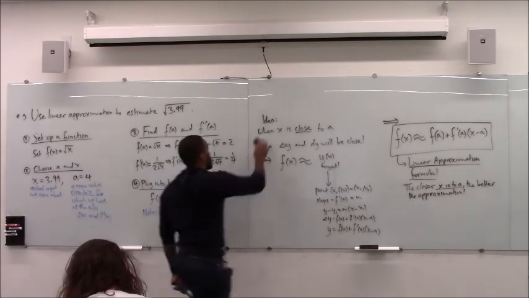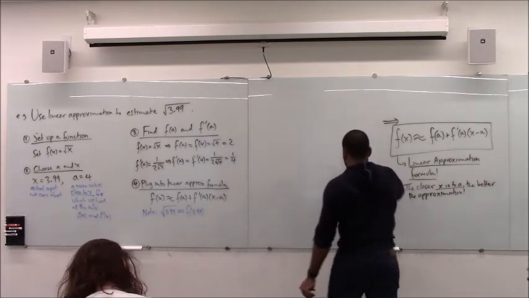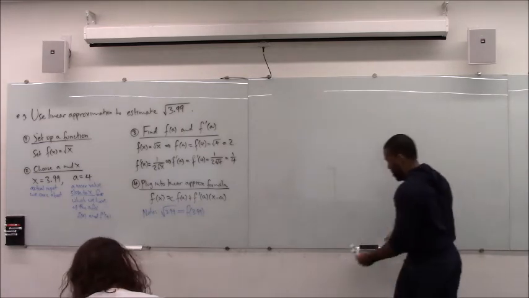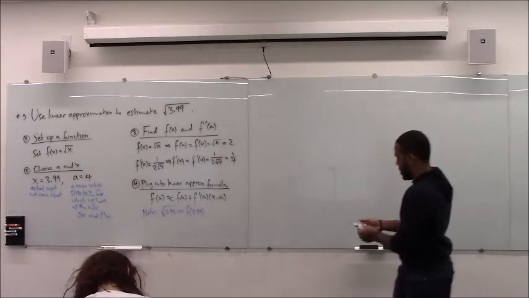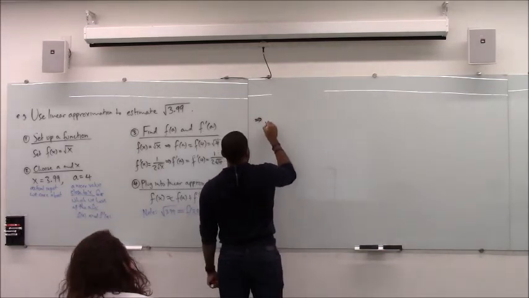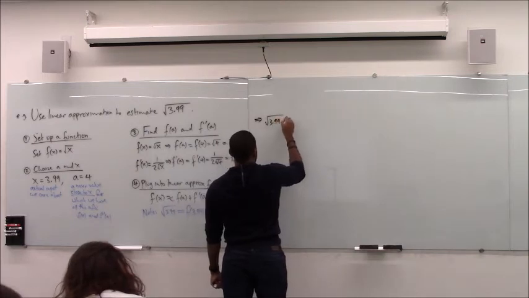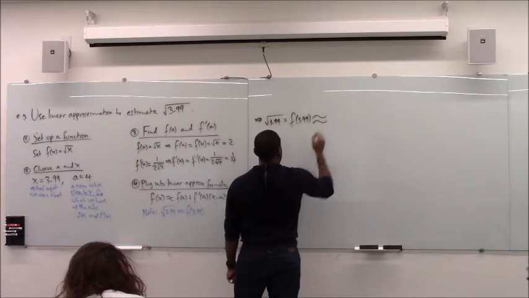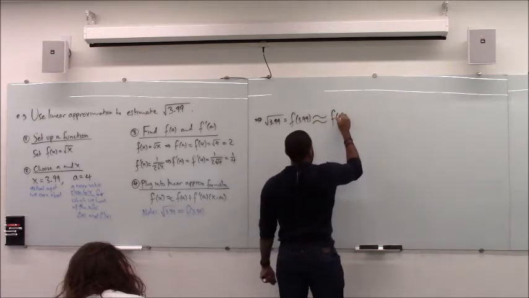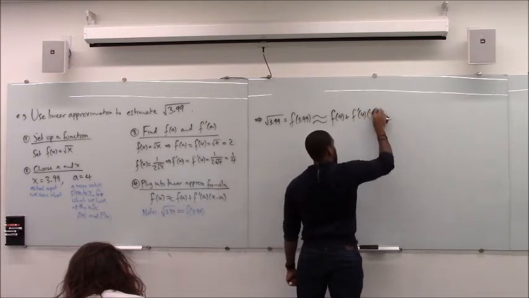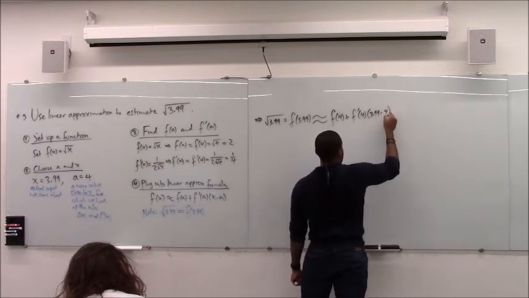Which means using this formula, I would be able to say that the square root of 3.99, well, that is just f of 3.99, but this is approximately equal to f of 4 plus f prime of 4 times x, which my x in this case is 3.99 minus 4.